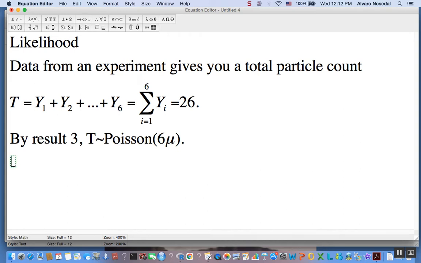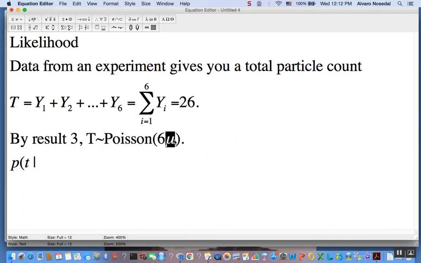So now let me write down the likelihood. The likelihood would be the probability of the random variable T being a particular value, lowercase t, given the parameter mu.